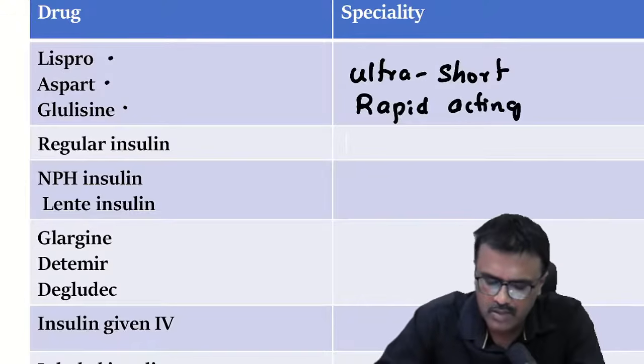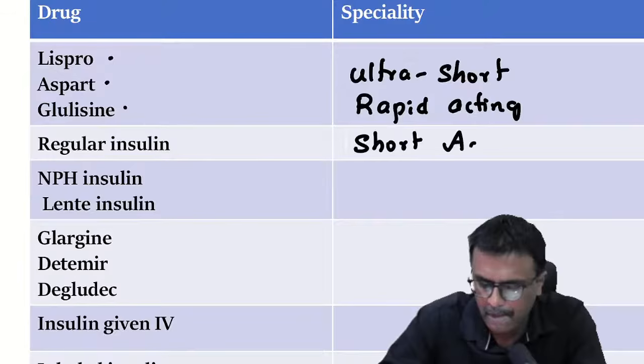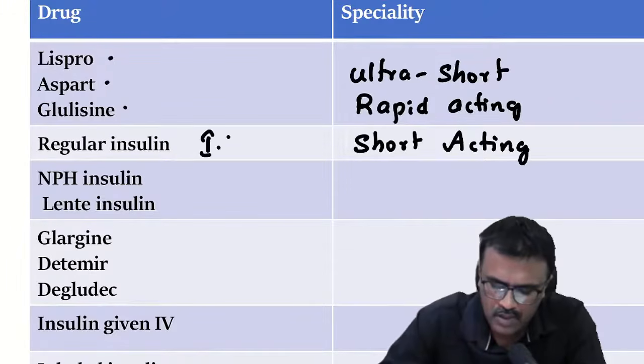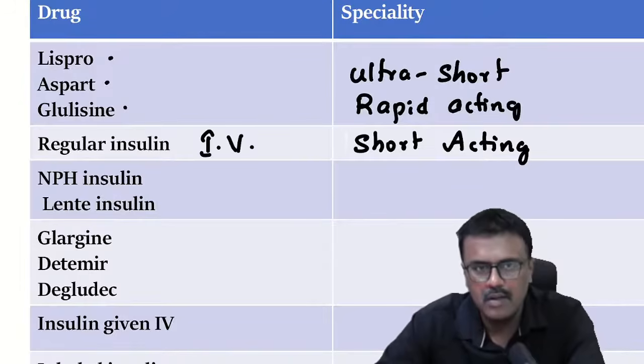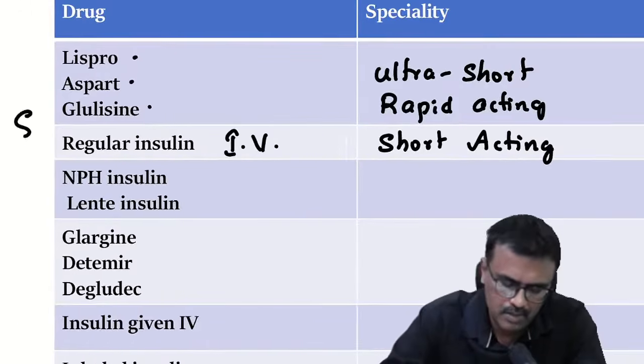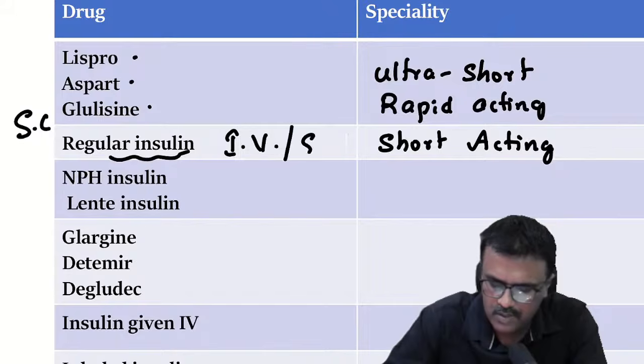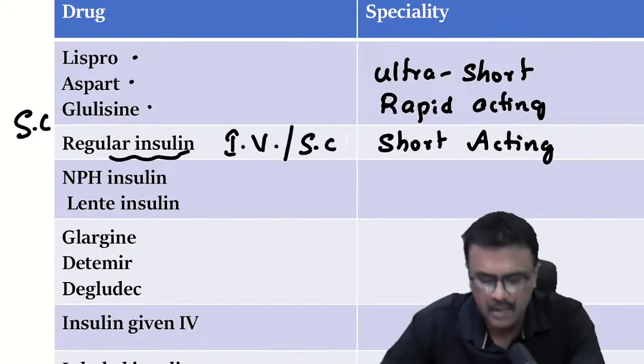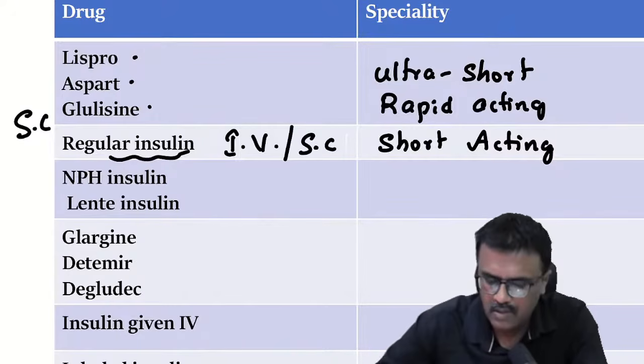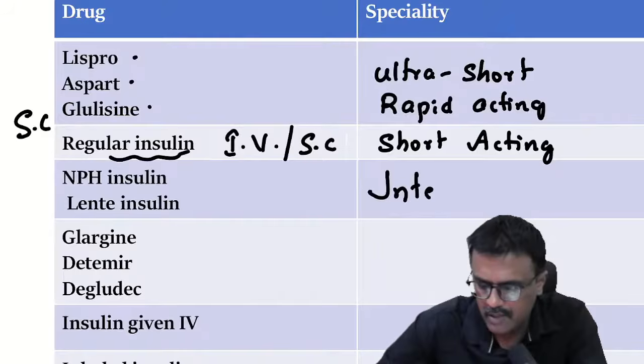Regular insulin is called short acting insulin, not ultra short acting, short acting. But the specialty is you can give the drug IV in emergencies. Most of the insulins are given by subcutaneous, but regular insulin can be given IV as well as subcutaneous. NPH and lente insulins are called intermediate acting insulin.